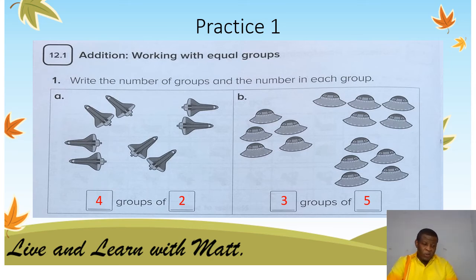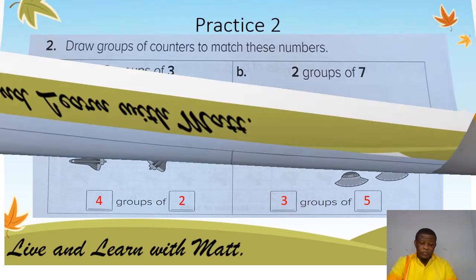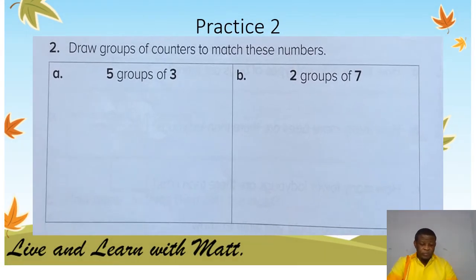Now let's go to number 2. Draw groups of counters to match these numbers. Part A, 5 groups of 3, and part B, 2 groups of 7. So I want the student to draw it first before I do the correction.